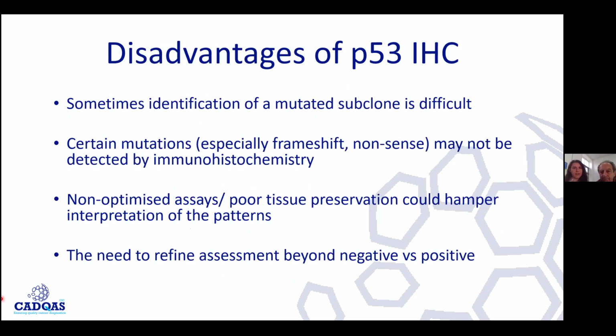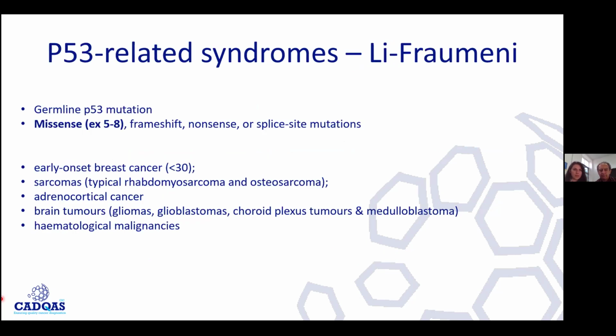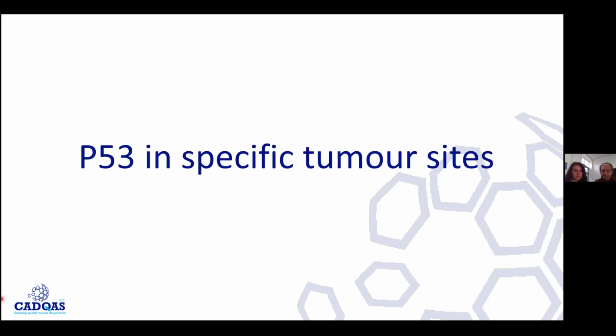Of course, the disadvantages are also related to the sample, because one thing is to do it on blood from a lymphocytosis and lymphoma, and another thing is tissue, then again preservation, and the need to actually understand these patterns, which is very important for interpretation. I just put here a mention of Li-Fraumeni syndrome. I don't know how many people know that breast is one of the earliest manifestations, early breast cancer, then sarcomas and brain tumors as well.